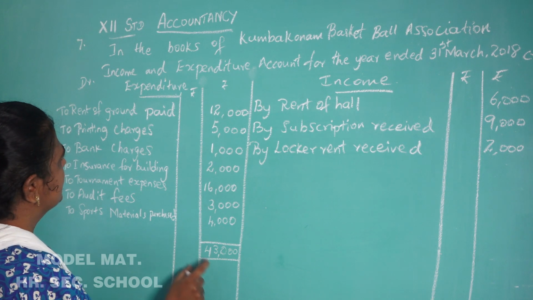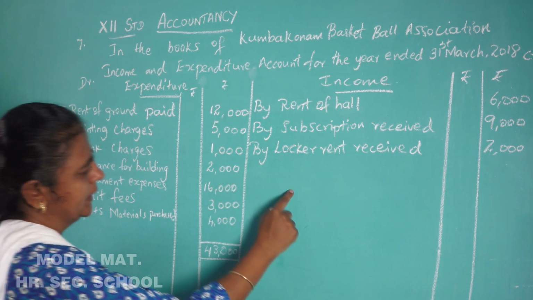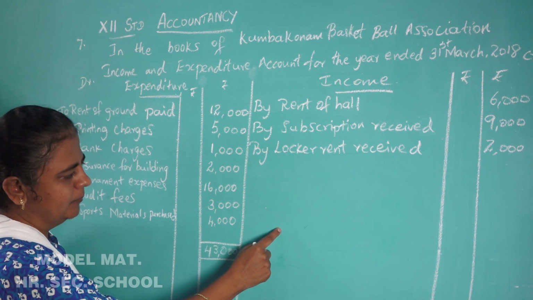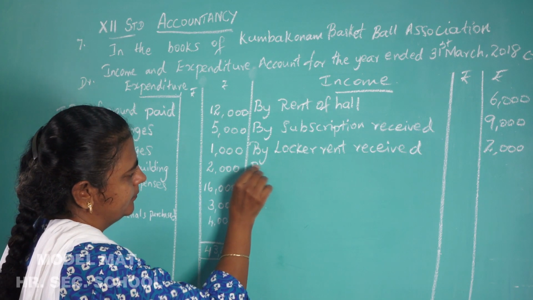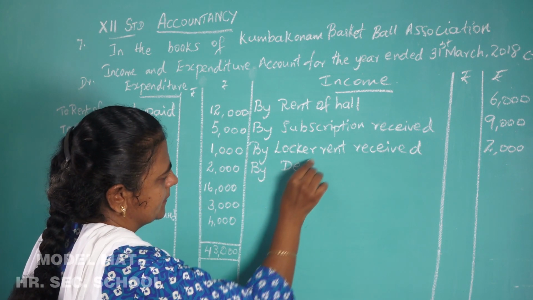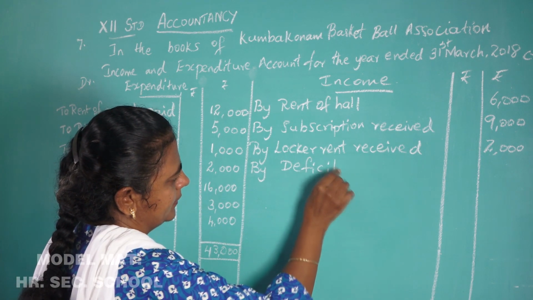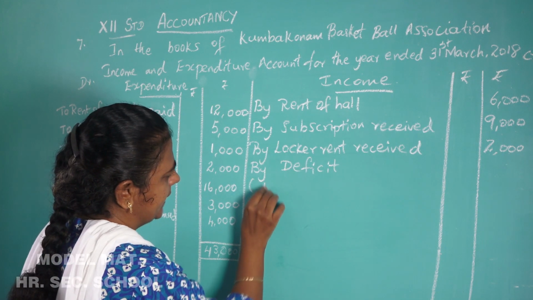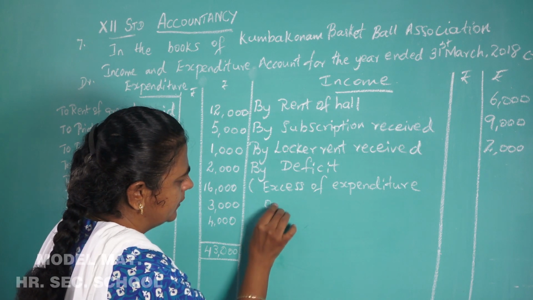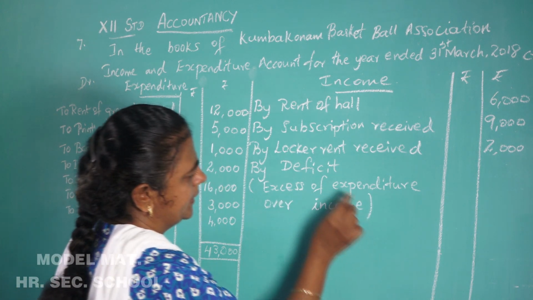So there is an excess of expenditure over income. When there is an excess of expenditure over income, it results in deficit. So you have to write excess of expenditure over income. It results in deficit.